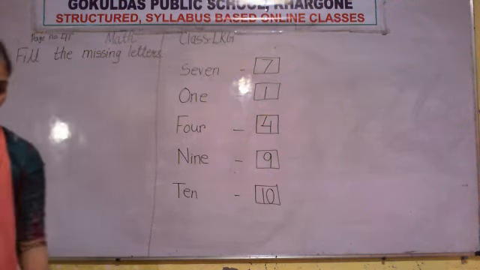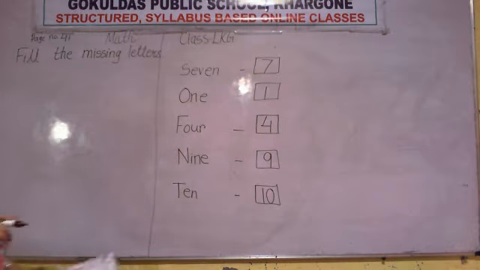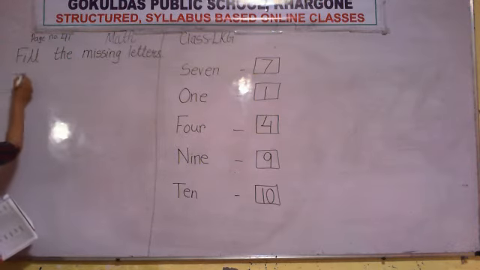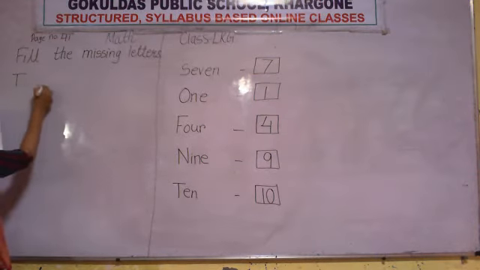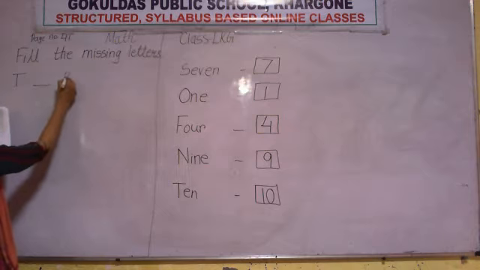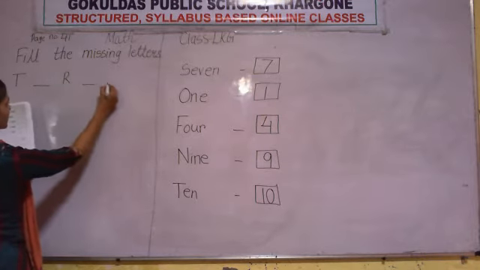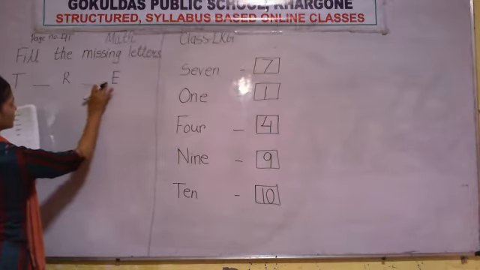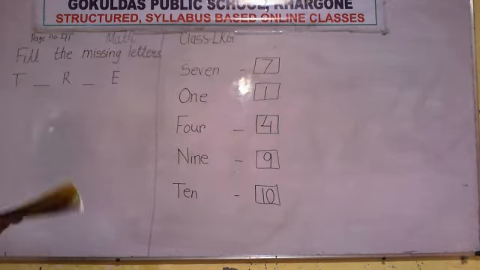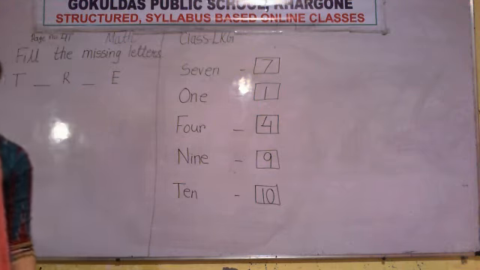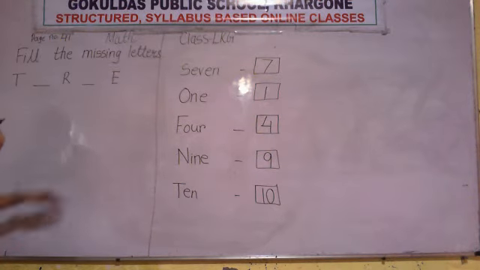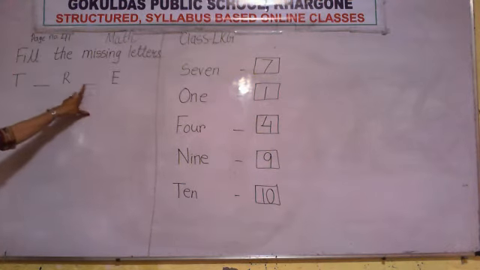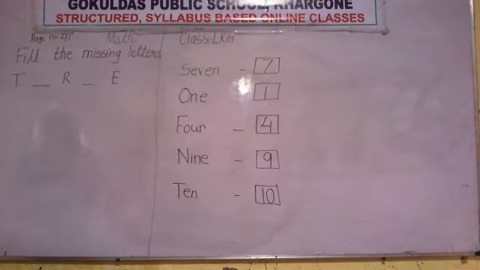Okay, on number 1, this is T-R-E. Okay, and 2 blanks are missing. So now we fill in the letters.